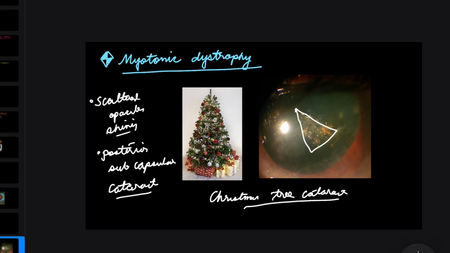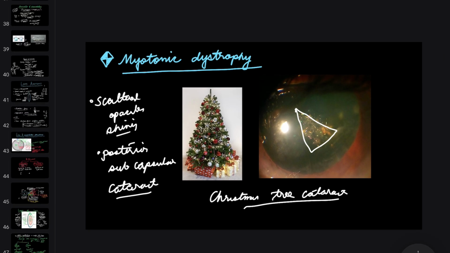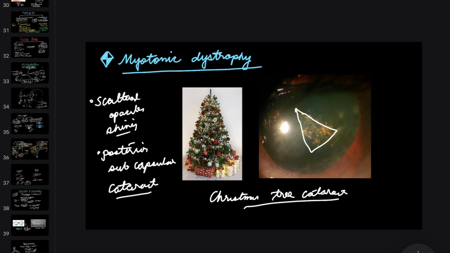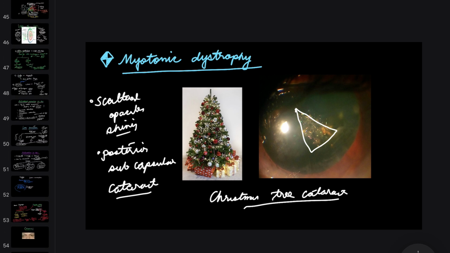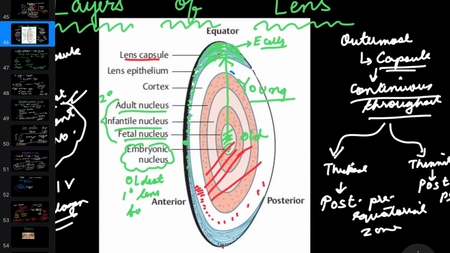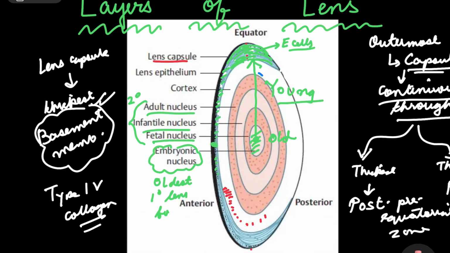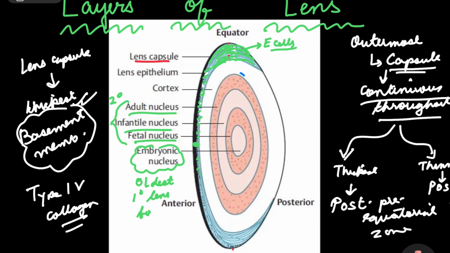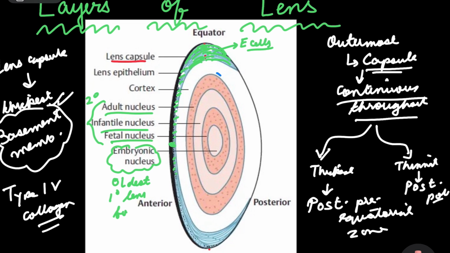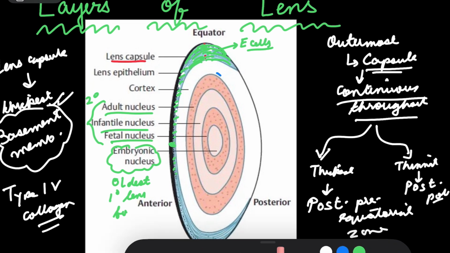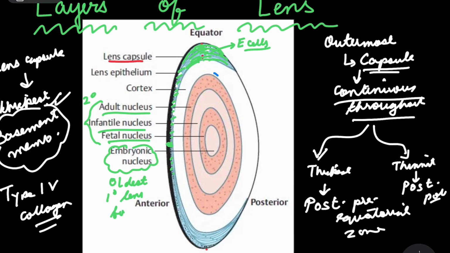Now what exactly does this mean? Let's quickly go back to the layers of the lens. Over here you are. Let me quickly erase this so that you can understand. Okay, this should be enough. Now see for yourself and try to find out where we have the capsule of the lens.